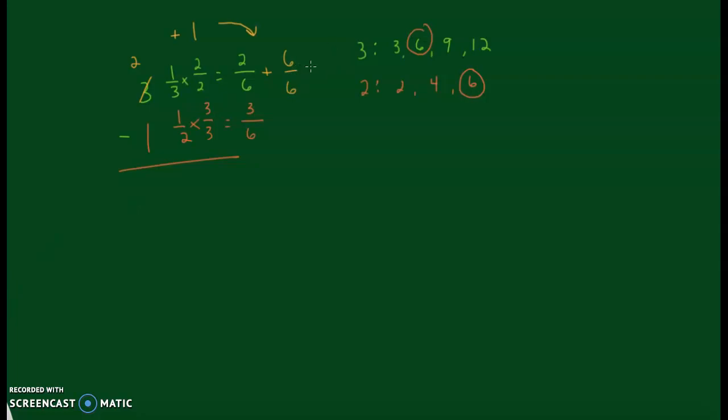So 2/6 plus 6/6 is 8/6. Then I can take my 8/6 and subtract the 3/6 from right here. 8/6 subtract 3/6 is 5/6. Then for my whole numbers, 2 subtract 1 is 1. So I'll take my whole number, I'll take my fraction, and I have 1 5/6.